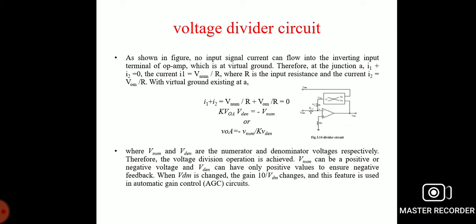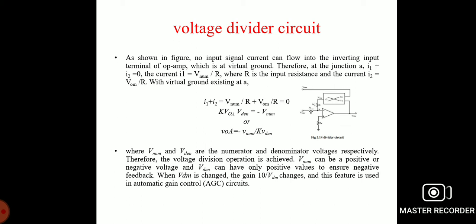So the gain of the output voltage is equal to the numerator voltage divided by the denominator voltage. Therefore the voltage division operation is achieved.